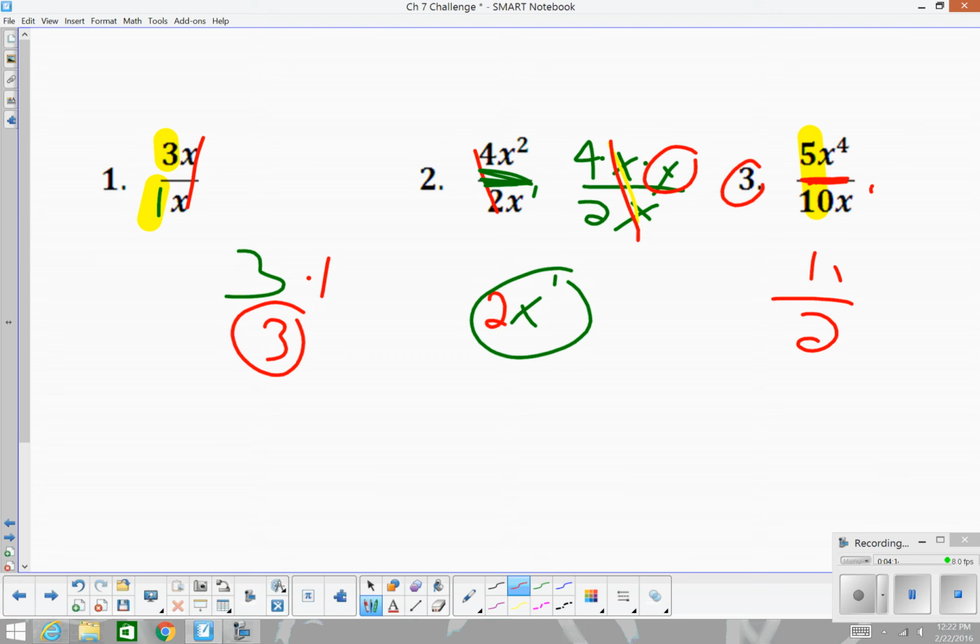So now I'm going to have x to the 3rd power. I'm going to leave it like that. So I have 1 times x to the 3rd power over 2. Now, if I have an expanded form of what that actually means, I could have 5 times x.